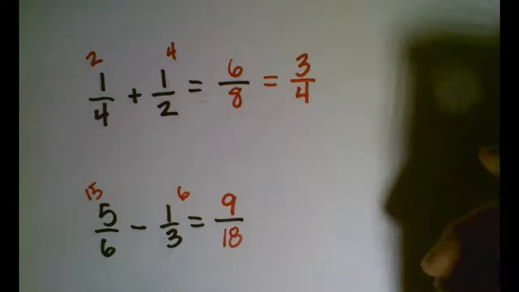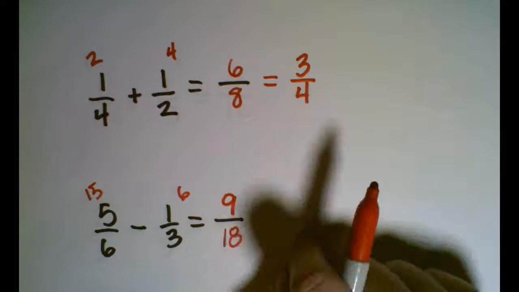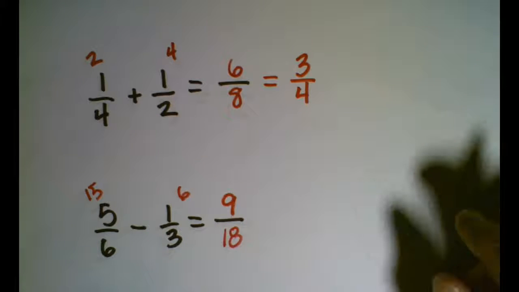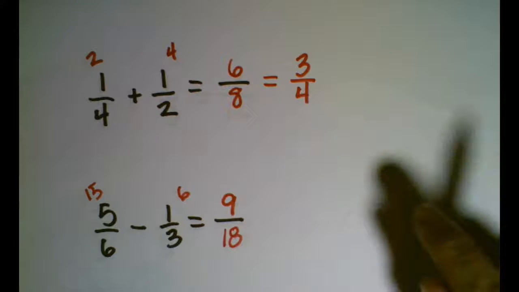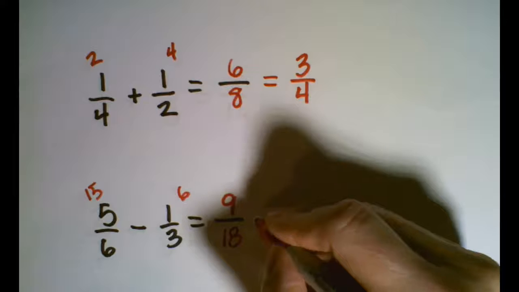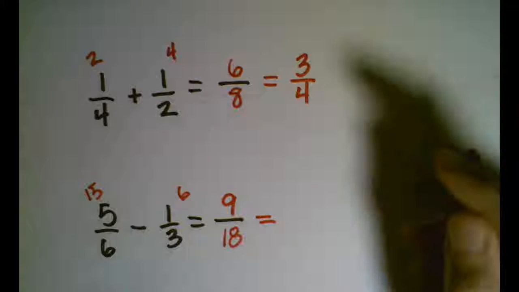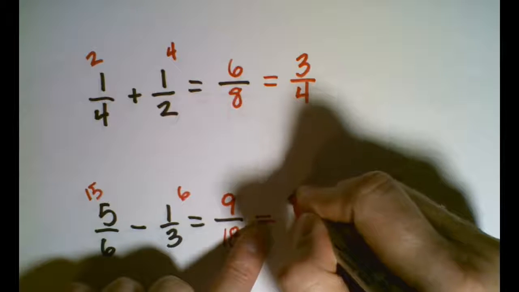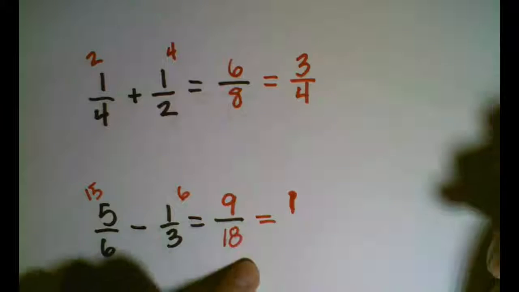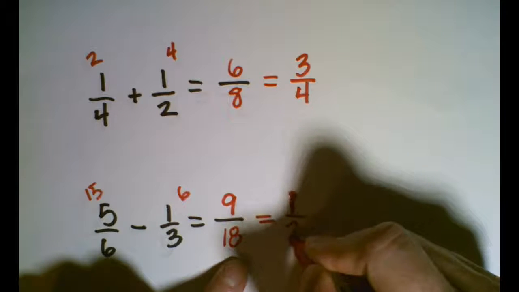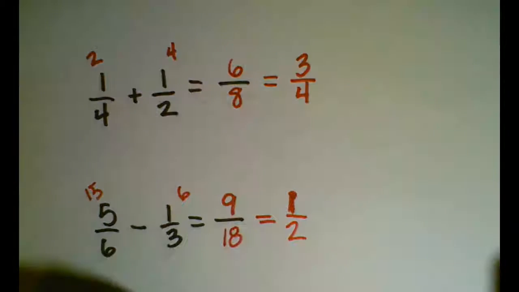Now it's not even on top and bottom, but I do know that 3 goes into both of those. But if I look closely, I can see that 9 is half of 18, so 9 actually goes into both of those. 9 divided by 9 is 1. And 18 divided by 9 is 2. So my final answer is 1/2.